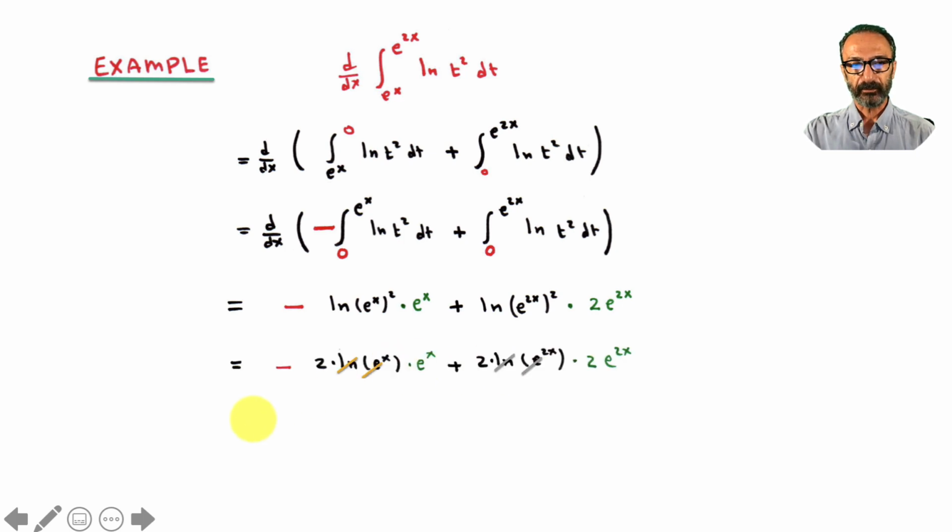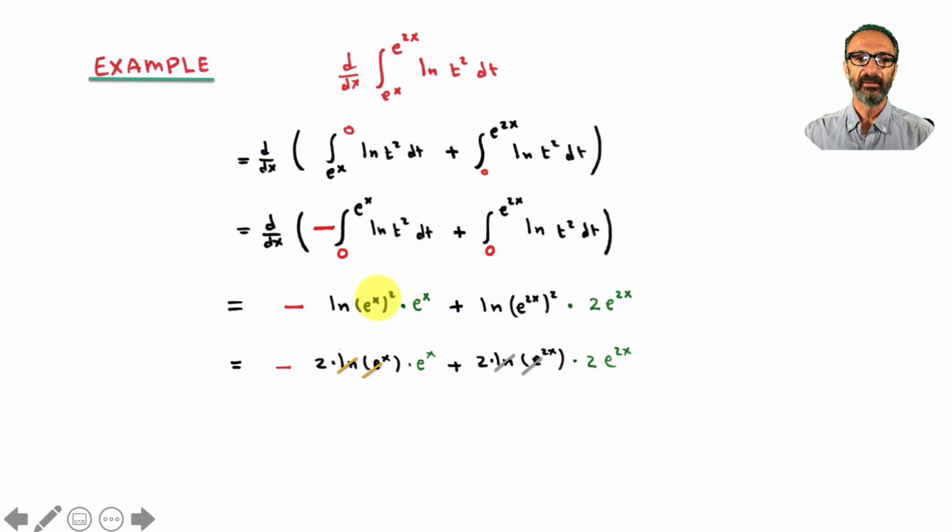Now, this 2 goes up front, as you could see. Ln and e are inverse of each other, they cancel. Here, 2 goes up front.